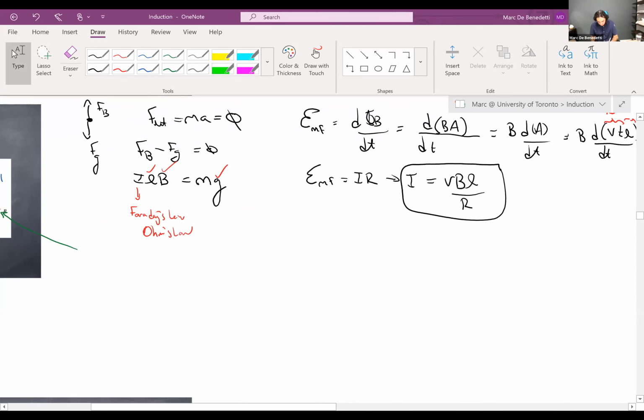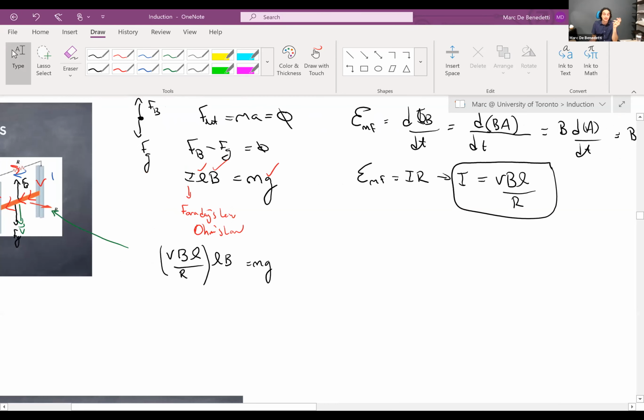And plugging this in, I'm going to get vBL divided by R times LB equals mg.